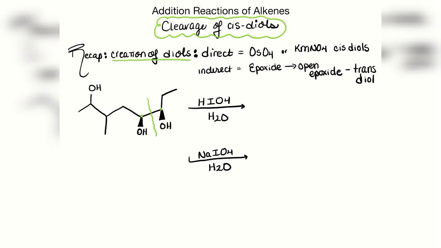So for this one, when we do the cleavage, let's go back into black pen. We are expecting the left side carbon to change, and the other carbon to change.